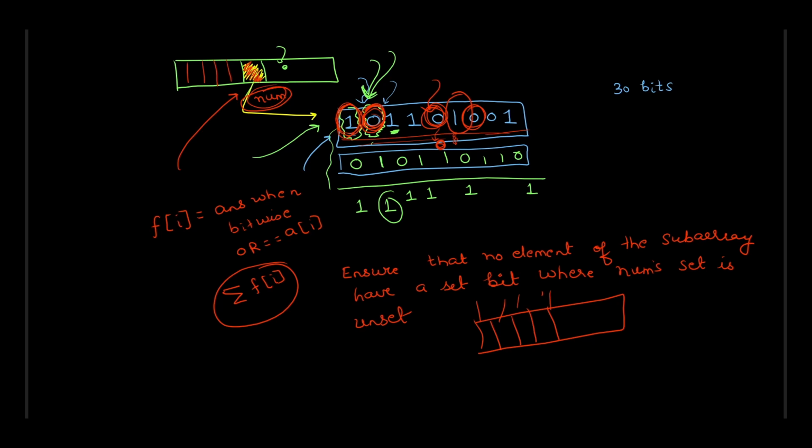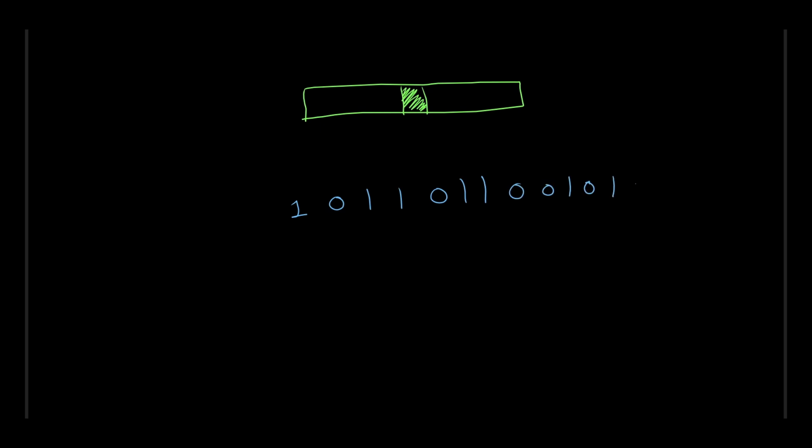Like for each element, which array elements to its left respect this condition and which elements violate this condition. Okay, so let's see how we can find that. So again, let's start with this subarray, and we have 30 bits in total. Okay, so assume that this is the bit, right?